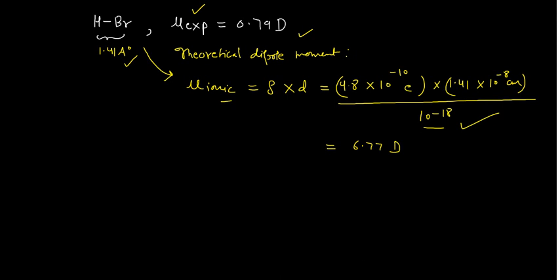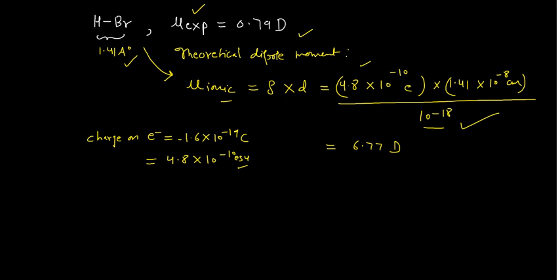You can see how I can write the charge on the electron: it is 1.6 into 10 raised to the power minus 19 coulomb, with negative sign of course. It is in coulomb, and this electronic charge is basically in ESU, 4.8 into 10 raised to the power minus 10 ESU. That's why this value is here.